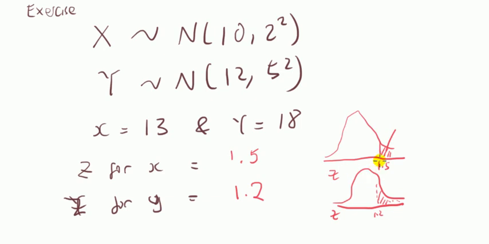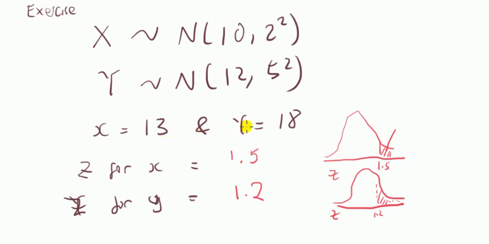So let's just stop rambling there. What I'm saying is that this person has done better in the x score than the y, compared to everybody else, and that's the case even though the y here is bigger than the x.